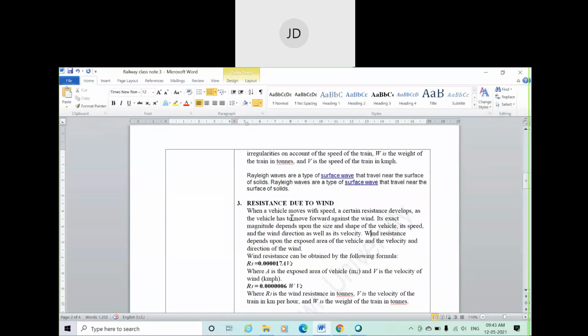When a vehicle moves with a certain speed, a certain resistance develops as the vehicle moves forward against the wind.